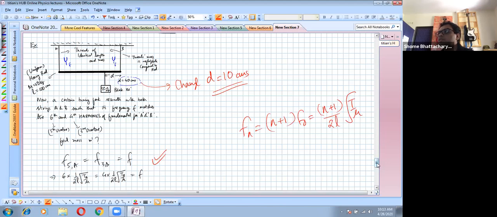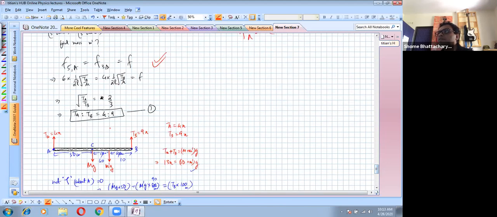Since the strings are identical, they have the same length and same linear mass density, only the tension is different. So the ratio of tensions comes out.